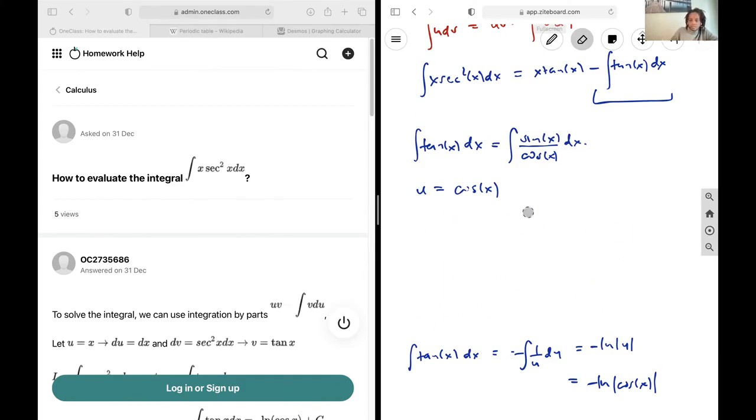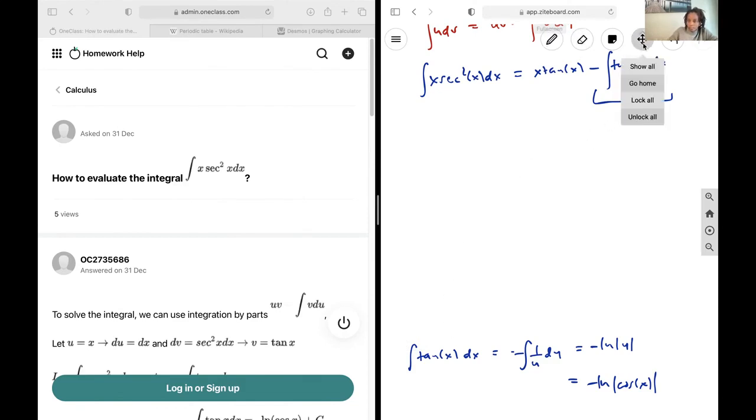This is just some of the rough work so you could understand where it's coming from. And so this will become x tan x minus ln of cos of x.